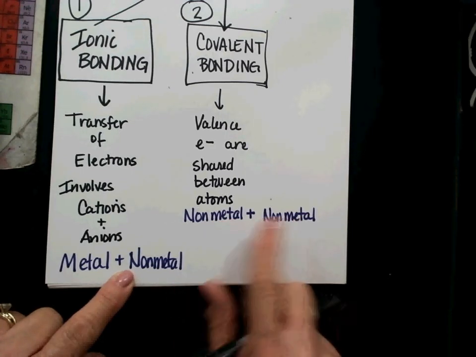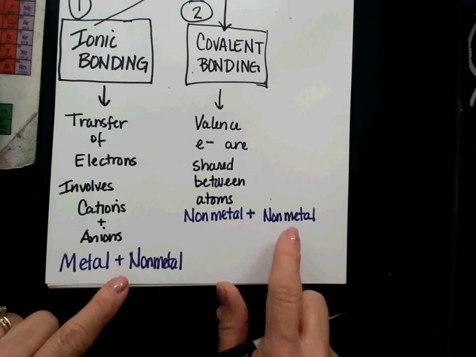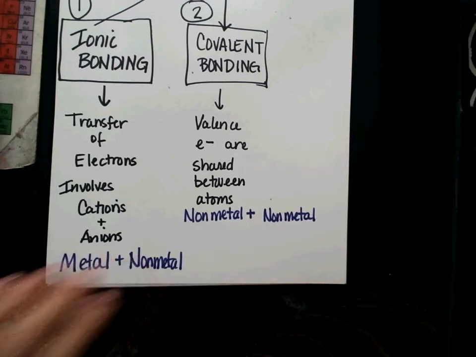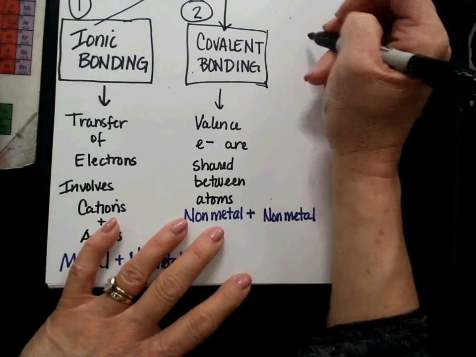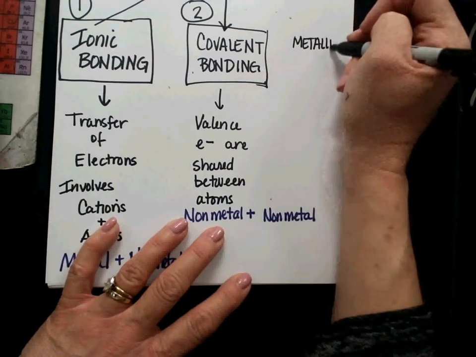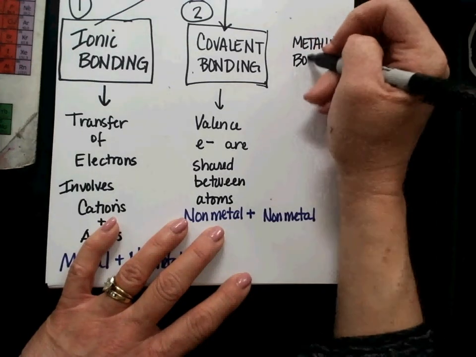There's one arrangement of metals and nonmetals that we haven't seen yet. What is it? I've got metal to nonmetal, nonmetal plus nonmetal. What would be my other choice? Good, Jacob, metal to metal. So my third kind is called metallic bonding.